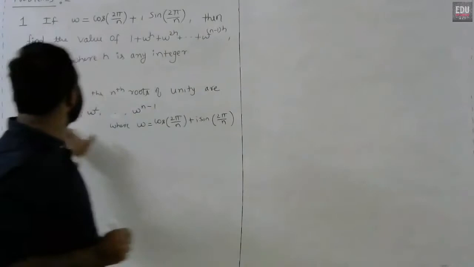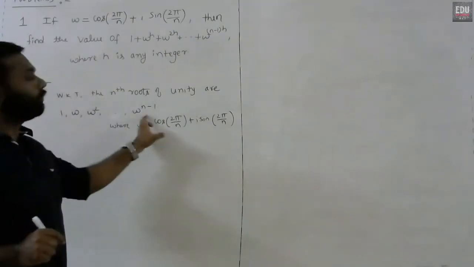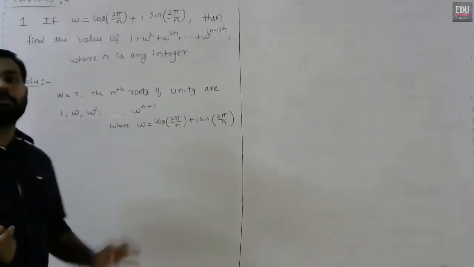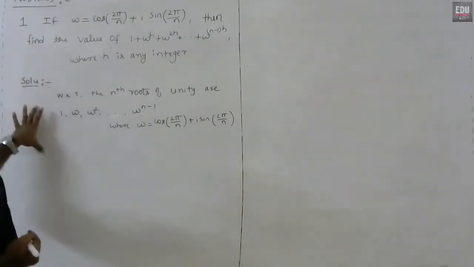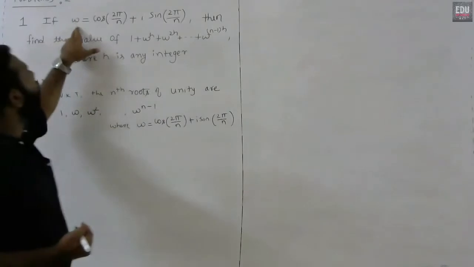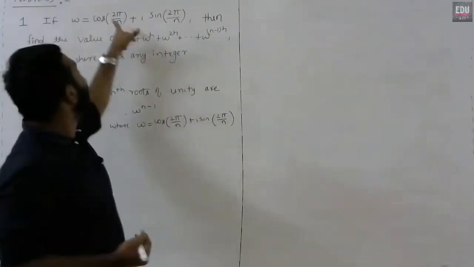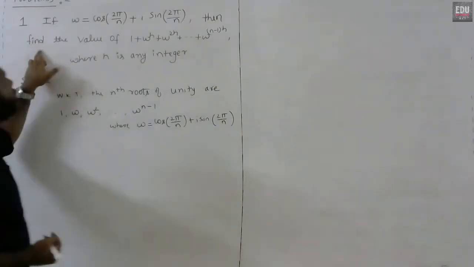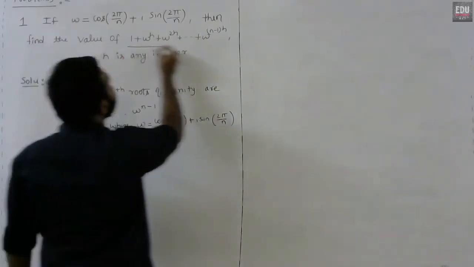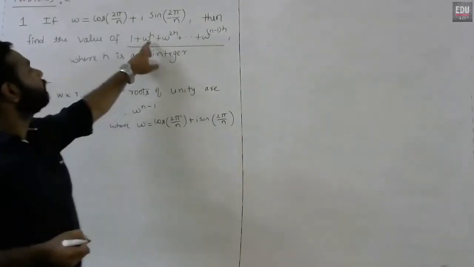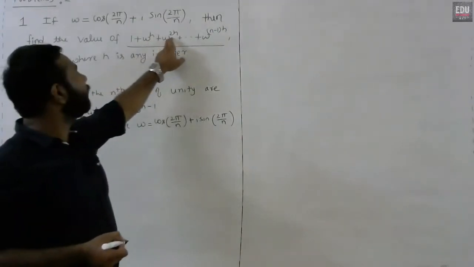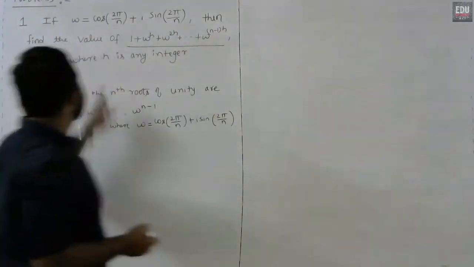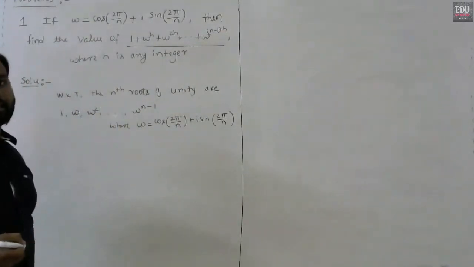So based on the values of nth roots of unity, now we shall solve some simple problems. In the first problem, if omega is cos 2 pi by n plus i sin 2 pi by n, then you have to find the value of the sum 1 plus omega power h plus omega power 2h and so on up to omega power n minus 1 into h, where h is any integer.